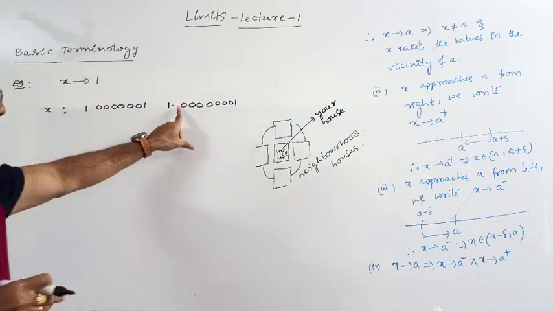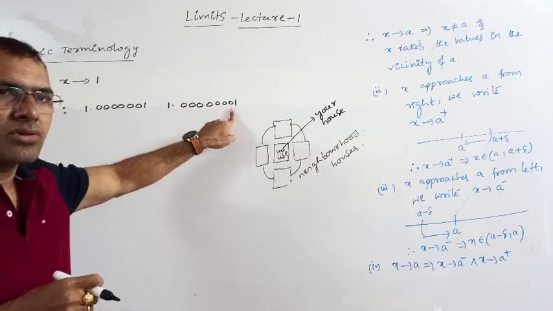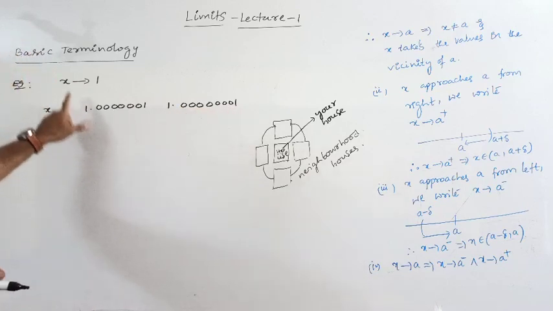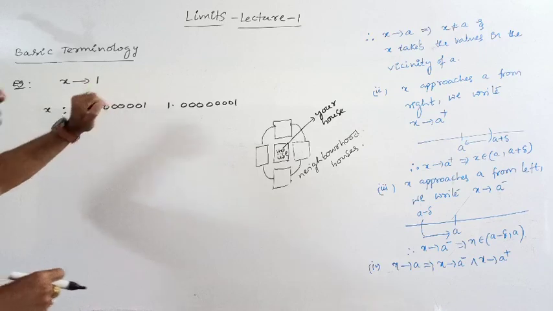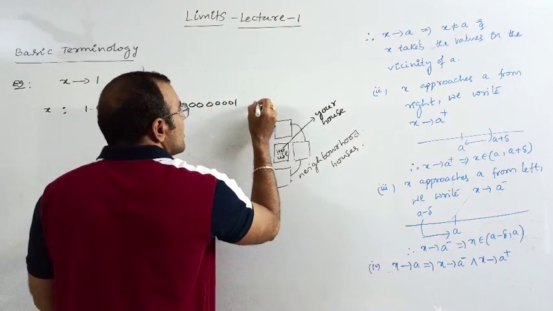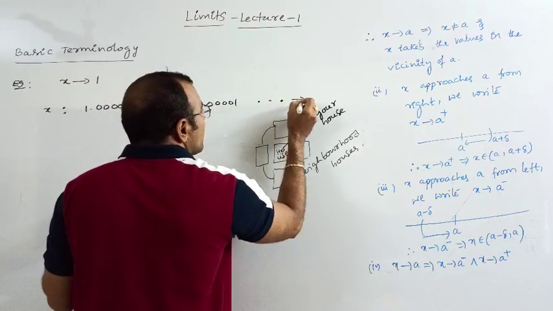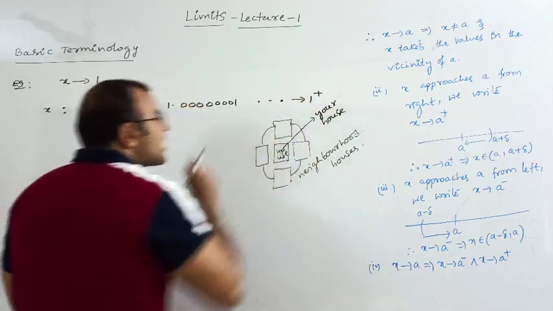So when you are increasing these zeros, you are very close to 1 from the right side. You are approaching 1 from the right side.